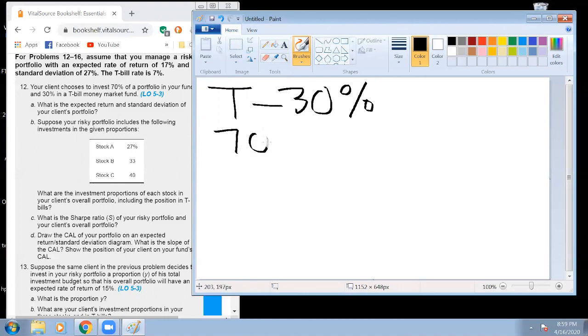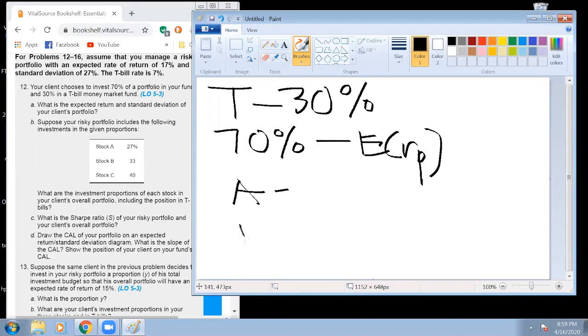However, the 70% that was going into our risky portfolio is actually going to be broken up into some subsections: A, B, and C. Keep in mind here, we have 70% of the total amount invested in these 3 stocks. So instead of taking the whole portfolio and multiplying it by these percentages, we're just going to take 70%, because only 70% of our total is invested in this portfolio.